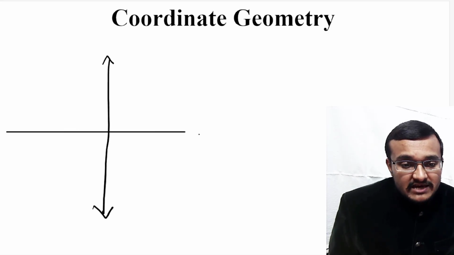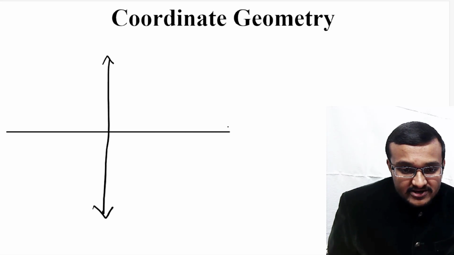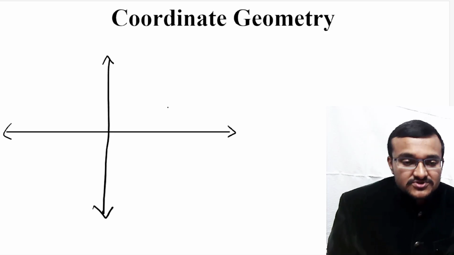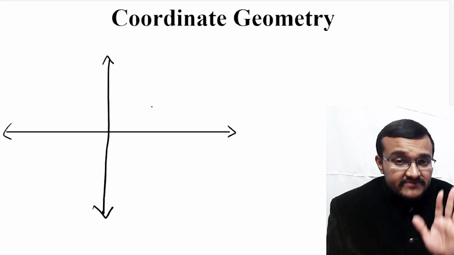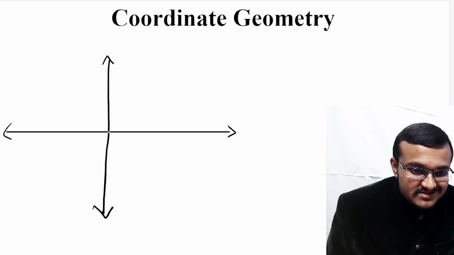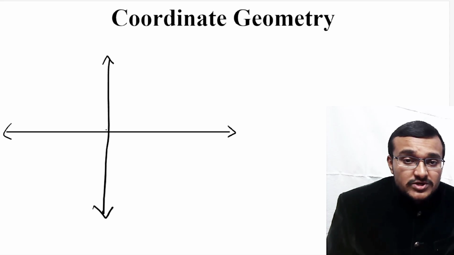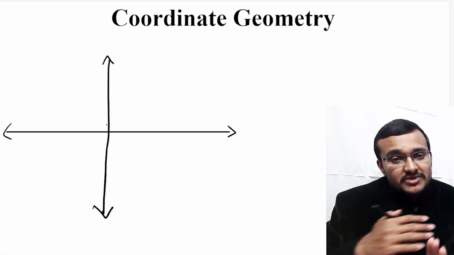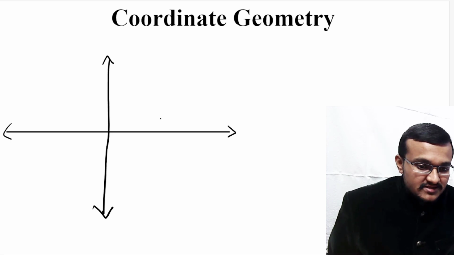In my previous video I explained that when you draw an x-axis and y-axis like this, you're basically taking two different number lines and making their origins intersect, and these two number lines are perpendicular to each other.